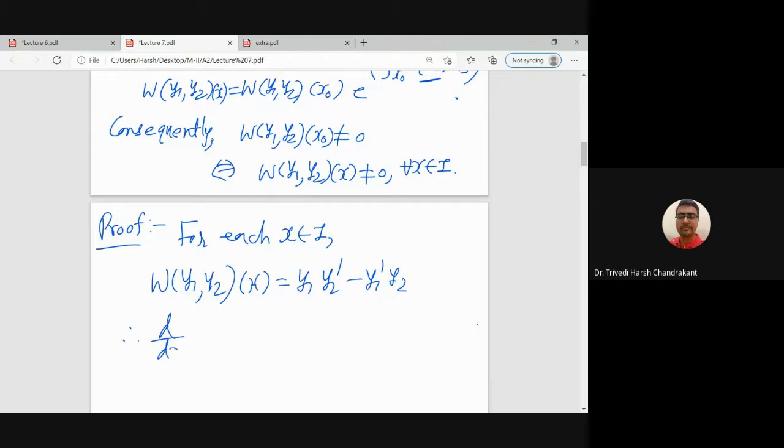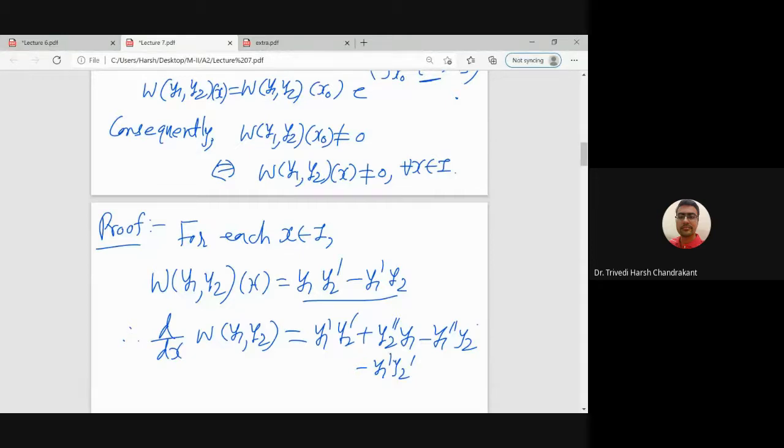If we differentiate this formula, we get the derivative of the Wronskian to be the derivative of the right hand side, and if we differentiate the right hand side, we will get y1 dash y2 dash plus y2 double dash y1 minus y1 double dash y2 minus y1 dash y2 dash.